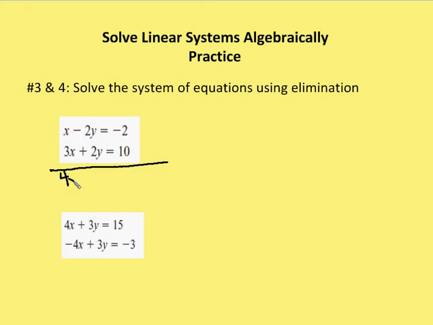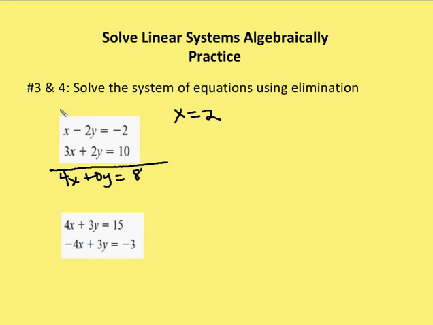So I get 4x plus 0y is equal to 8. So again, I'm adding top and bottom. 4x is equal to 8, so x is equal to 2. Now I can use the substitution method to finish this particular problem for y.